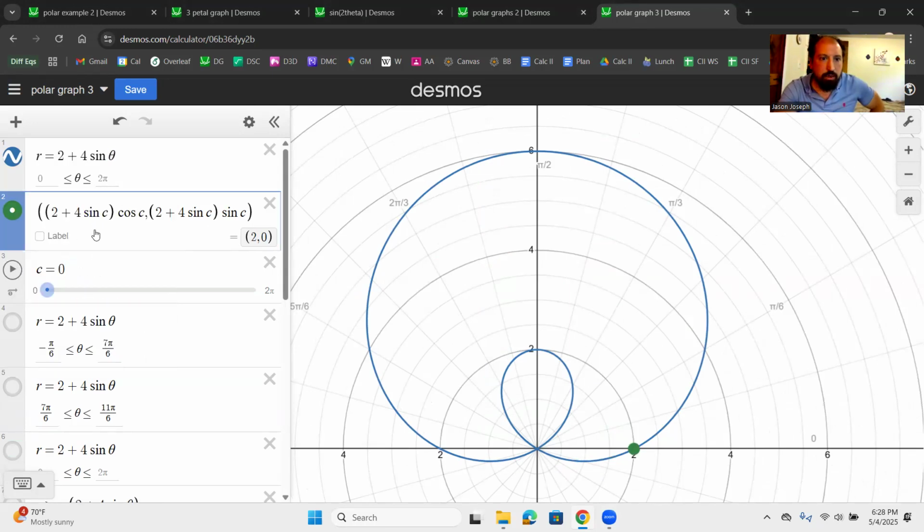And by the way, I use the slider c for theta, and then this is r times cosine theta, and this is r times sine theta, because x is r cosine theta, y is r sine theta. That will traverse the curve, and I've got it going from 0 to 2 pi exactly once. So let's see what happens.